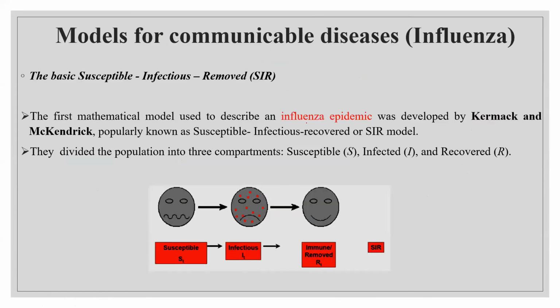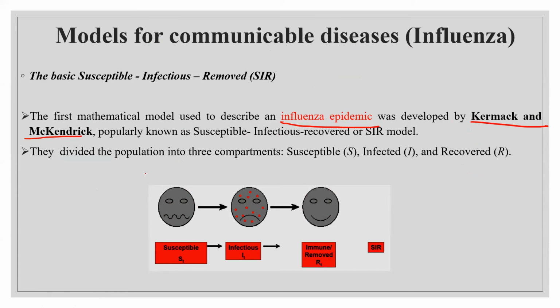Now we are going to see the very initial model, which was made for the influenza epidemic and developed by Kermack and McKendrick. What they did was divide the entire population into three parts: susceptible, infected, and recovered.